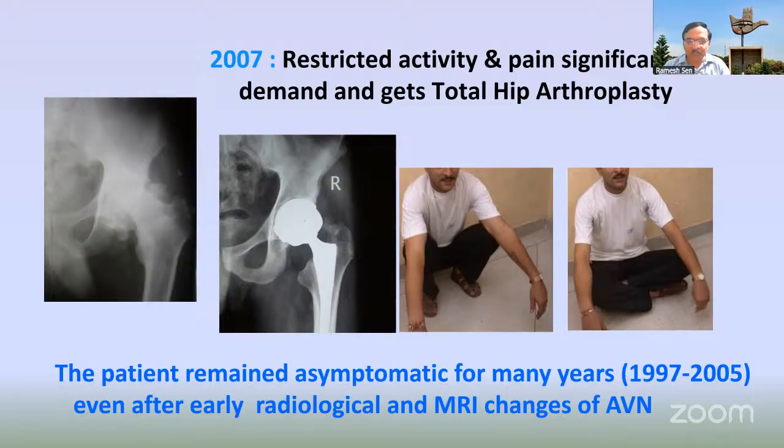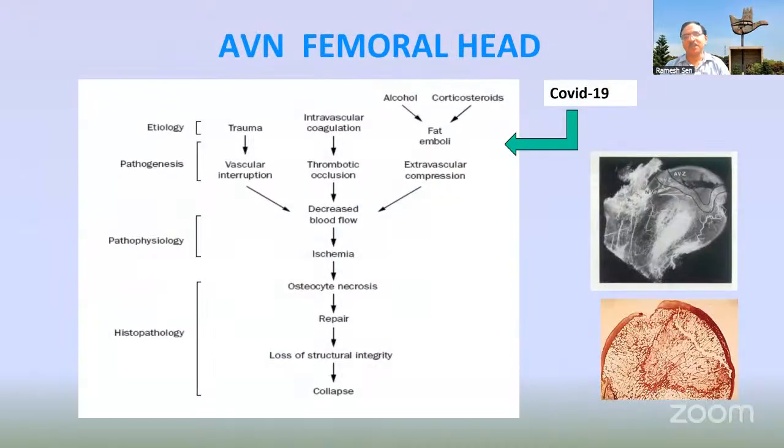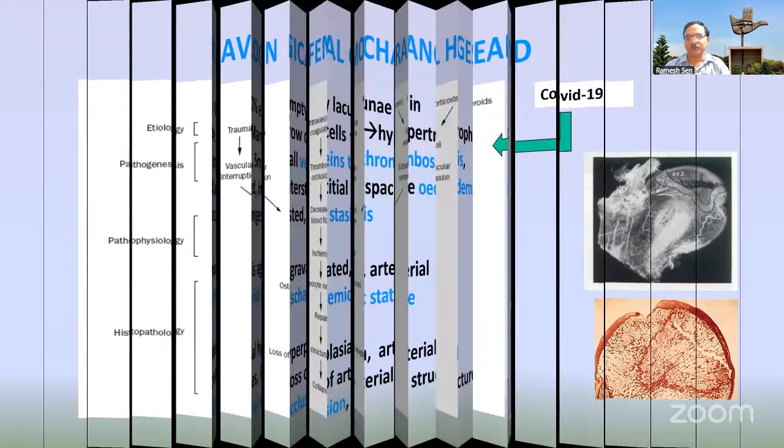It is only when you look at 7 years, 10 years, 15 years that things become relevant when we talk about a treatment of this disease. Now we all understand this is a very standard thing, that this can happen from trauma, as I just told you. It can happen from many pathologies which are vessel related. It could be alcohol, and we all know steroid has a big role, and now COVID also came in.